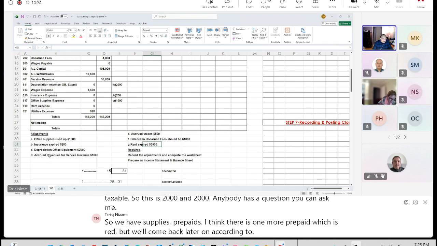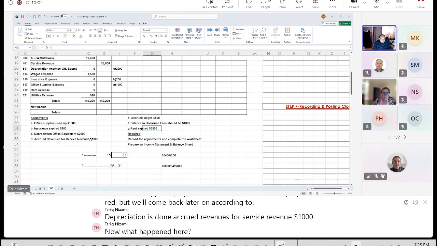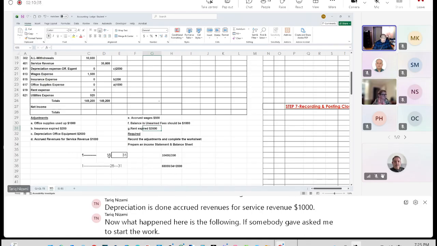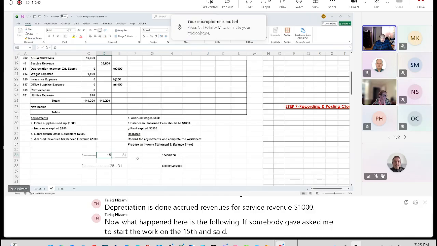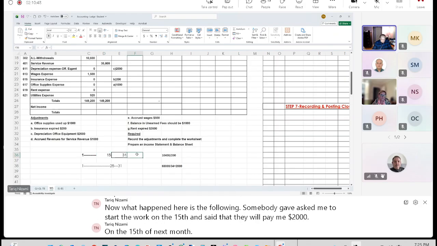Depreciation is done. Accrued revenues for service revenue, $1,000. Now, what happened here is the following. Somebody asked me to start the work on the 15th and said that they will pay me $2,000 on the 15th of next month, January.